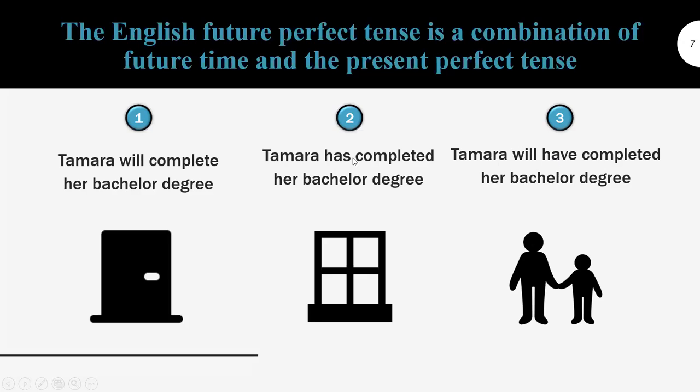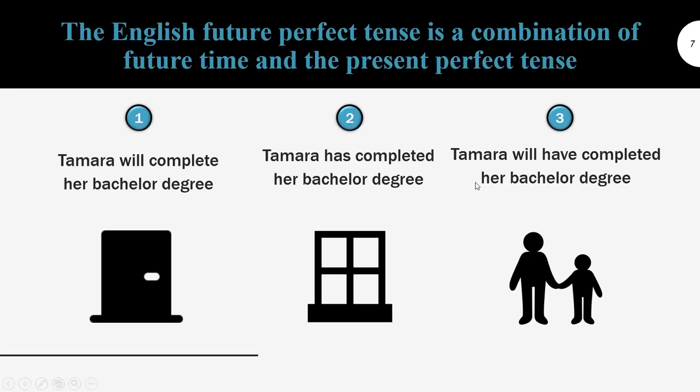So we don't use has in future perfect tense, we use only have. Why? Because it is preceded, sudah didahului oleh will modal, okay? Tamara will have completed her bachelor degree.